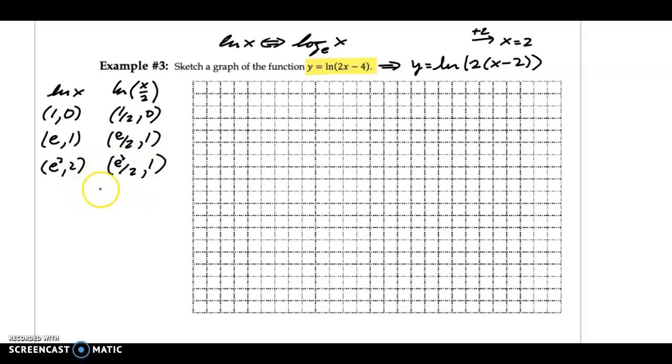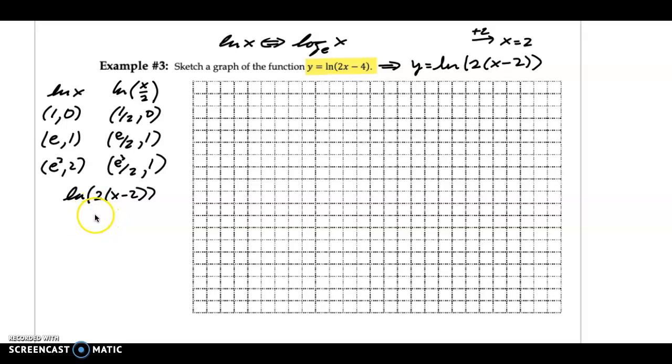So my last one is not log, but ln(2x minus 2). It's just moving x over by 2.